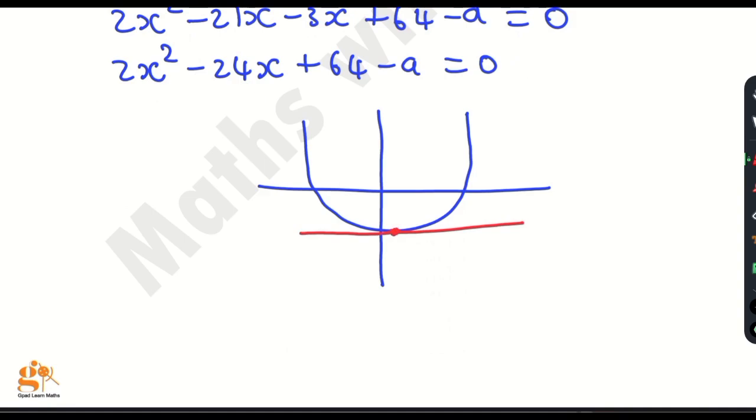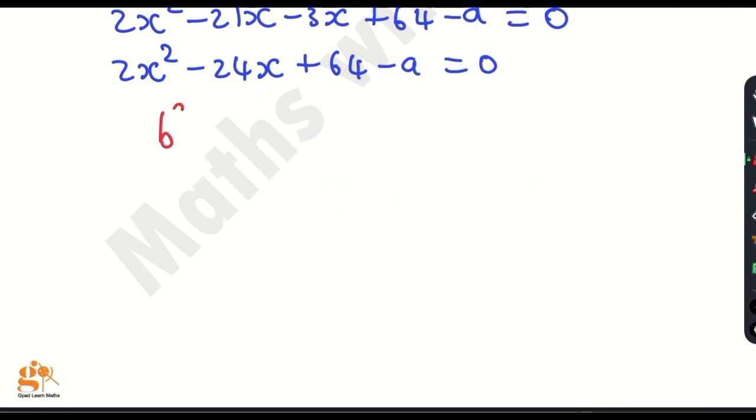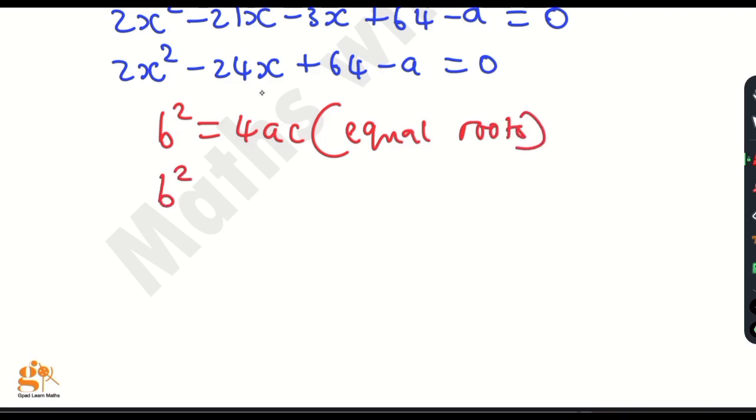If that is the case, which means there is equal root, and there are conditions for this. Now let me take this off and show you something again. We have nature of roots. If b squared is equal to 4ac, we say this is equal root, as we have in this case. If b squared is greater than 4ac, it has real roots.